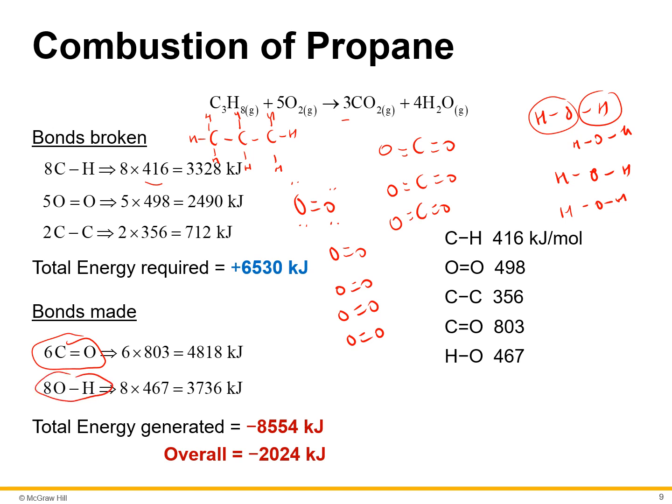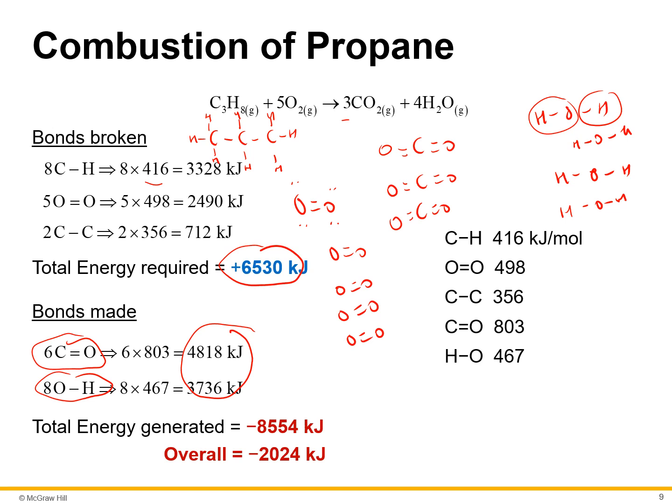And the calculation is adding these up with the energy required to break bonds. So it requires 6,530 kilojoules to break the bonds, and to form the bonds, 4,818 plus 3,736.